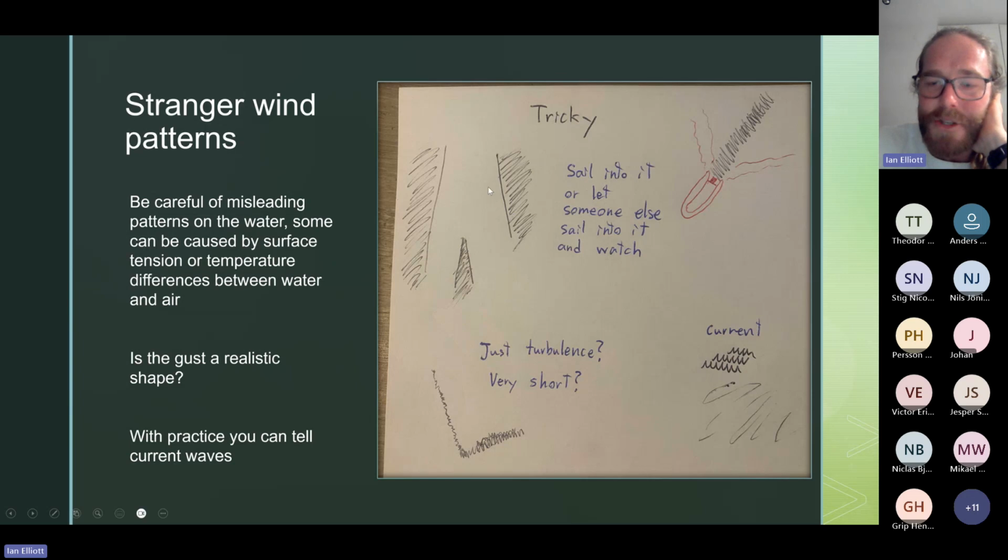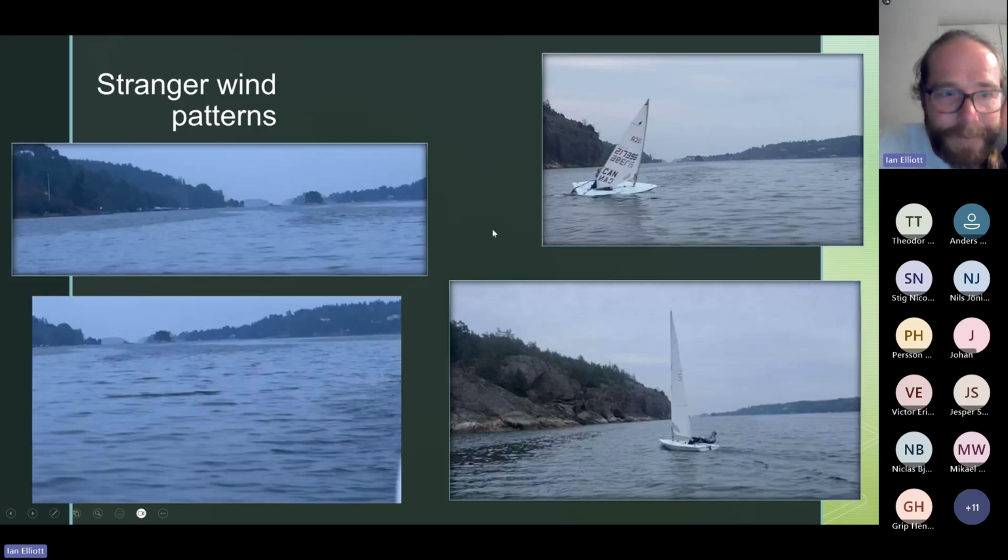So this is a drawing of, where is it? This one. You have a small band of apparently calm water here, and then a large bit of apparently calm water here. But this is not what gusts are like.